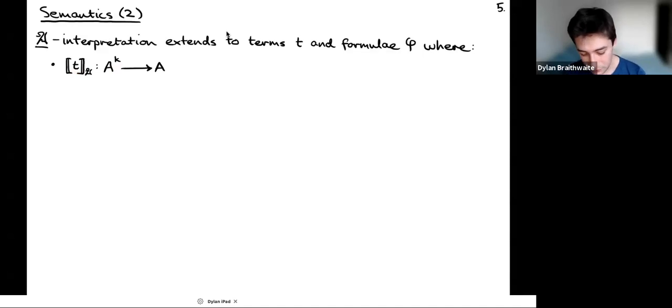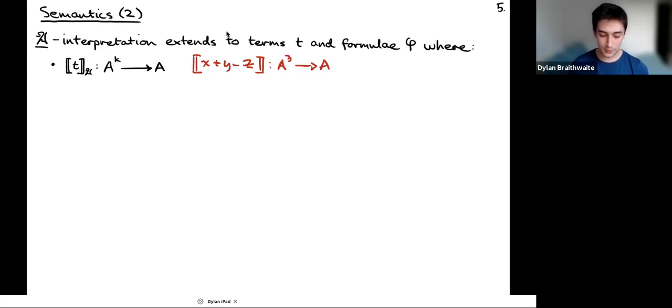So if t was something like x plus y minus z, then the interpretation of this is going to be a function from A cubed to A. But if instead these weren't free variables and were just numbers like 2, 1, 0, then this becomes A to the 0, and we'll actually usually just think of this as an element of the set A.